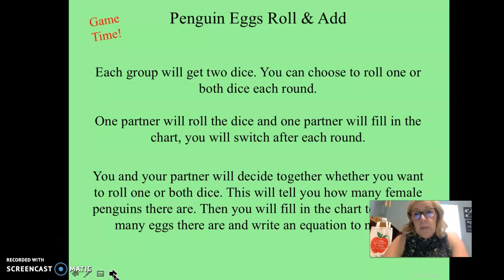Well, we have to change the directions because we're not together. This is a dice game. This will tell you how many female penguins there are. And then you will fill in the chart to see how many eggs there are and write an equation to match.